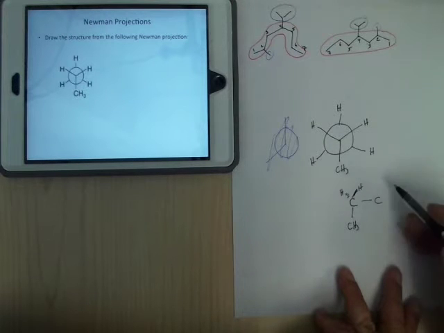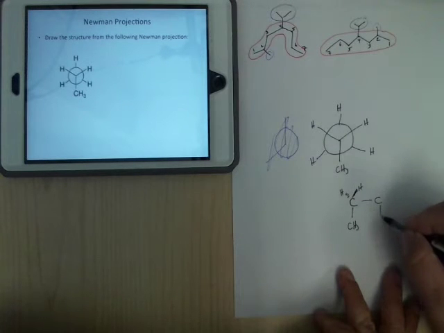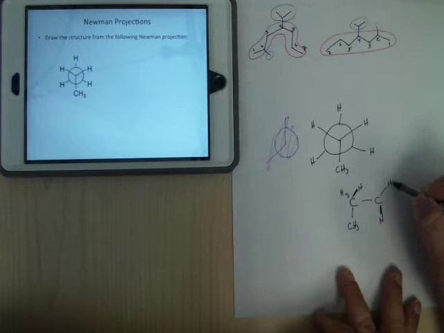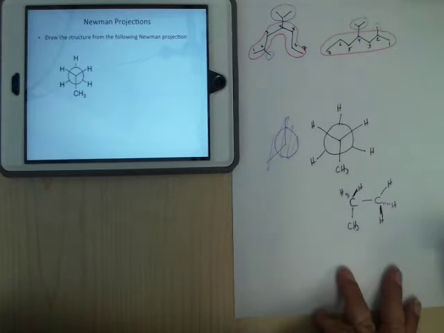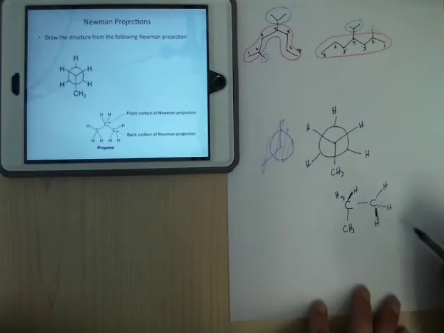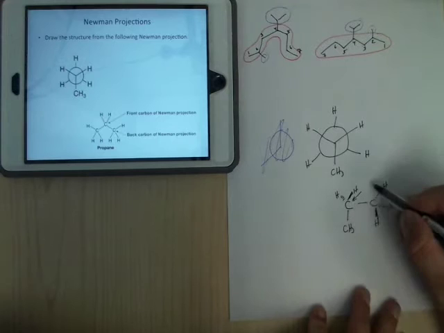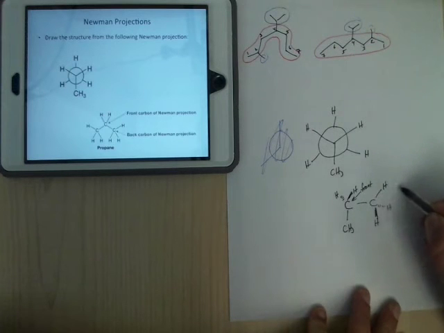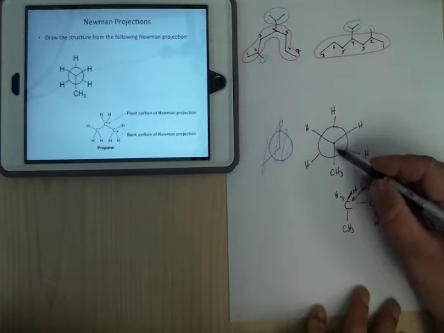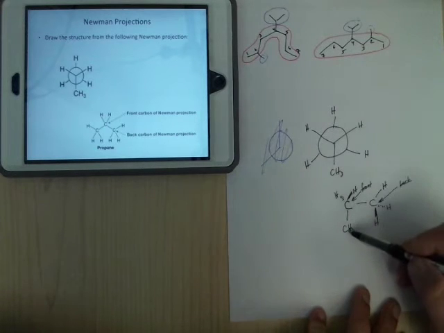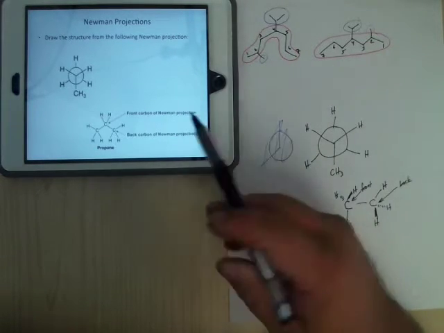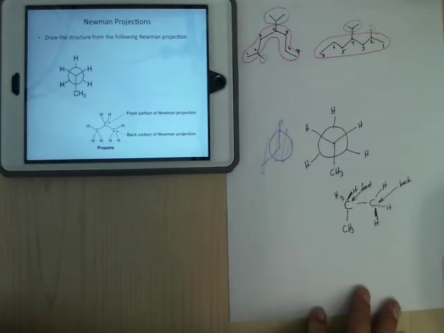The one in the back is just going to have three hydrogens coming off of it. Okay, so this is the one in the front, this is the one in the back. The one in the front's got this methyl hanging off of it right here. So what we've drawn is essentially propane.